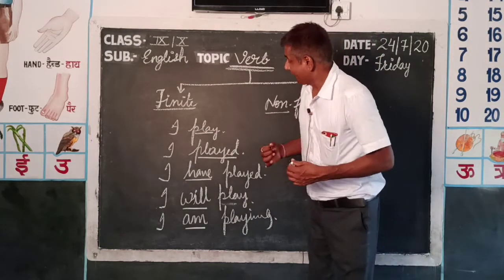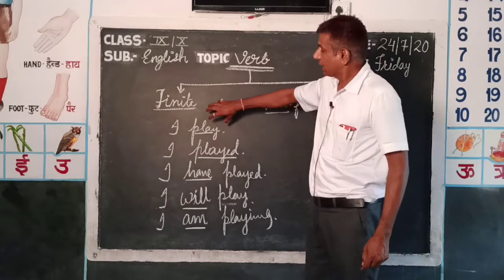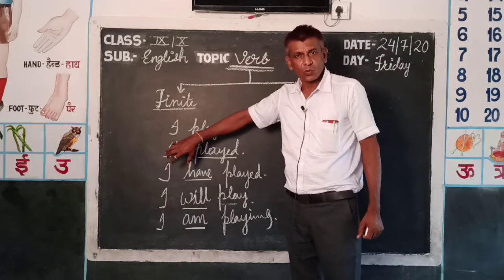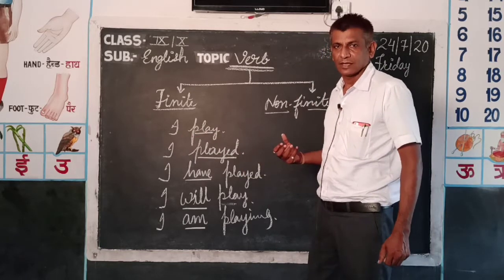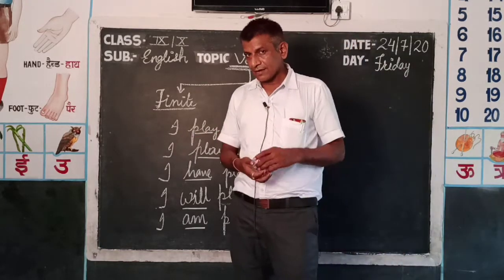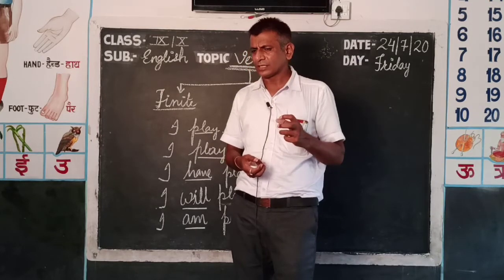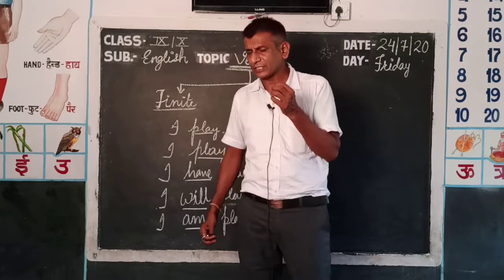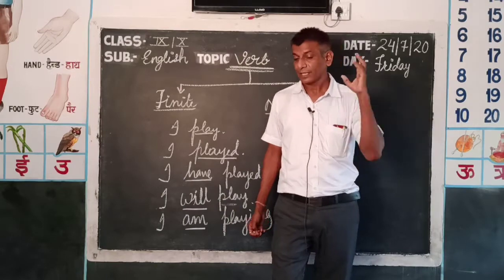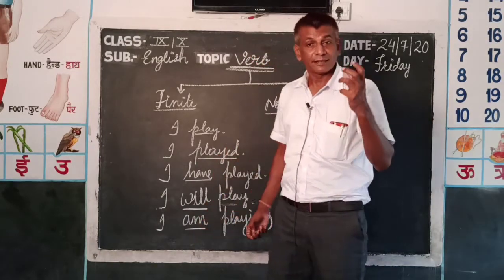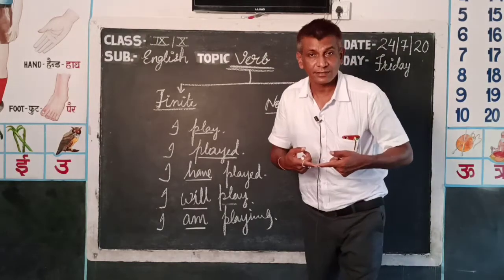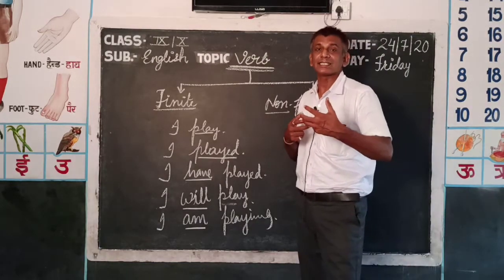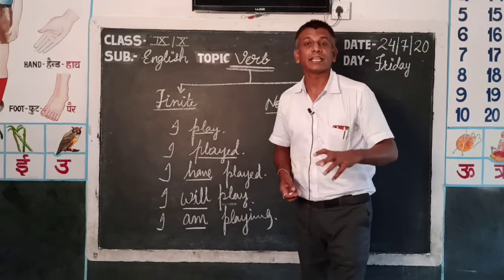Understand? Once again, the verb which is used with the subject, or in other words, to make it more specific, the first verb in a sentence is called the finite verb.